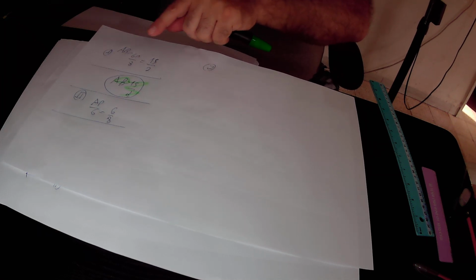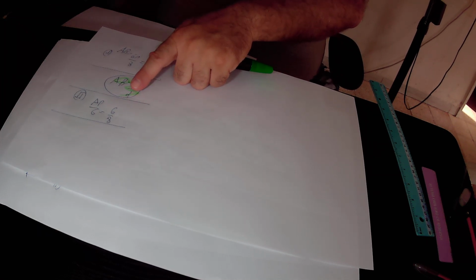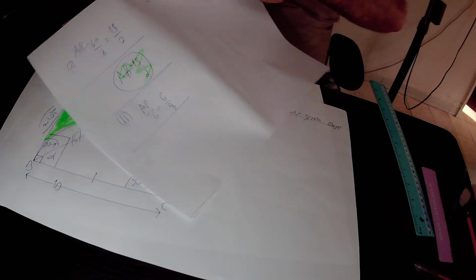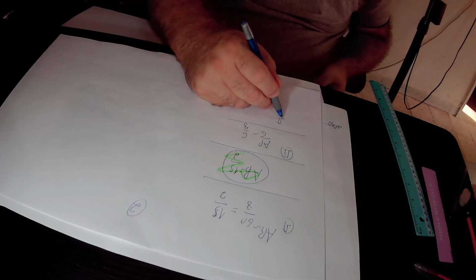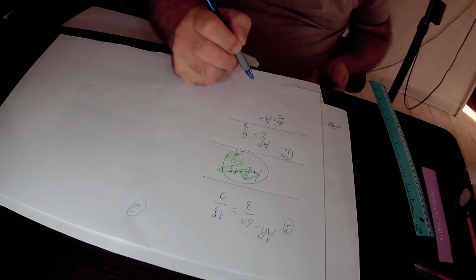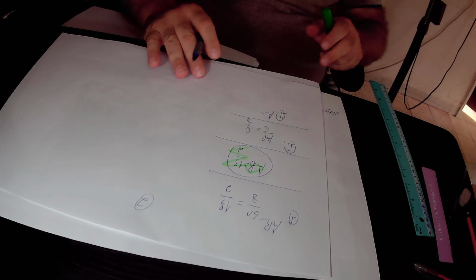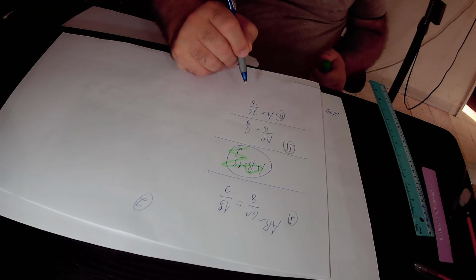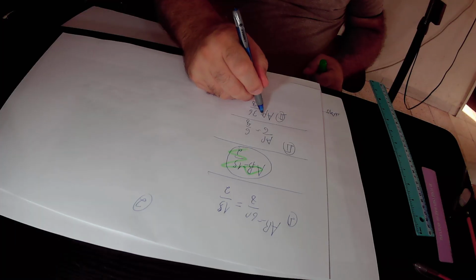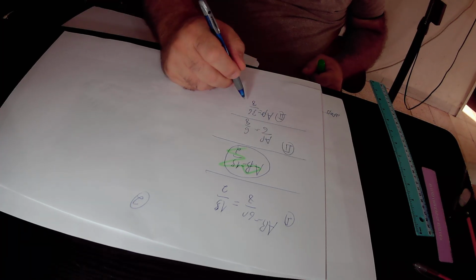So here we multiply this equation 2 by 6, and we get that AP equals 6 times 6 is 36 over 8.